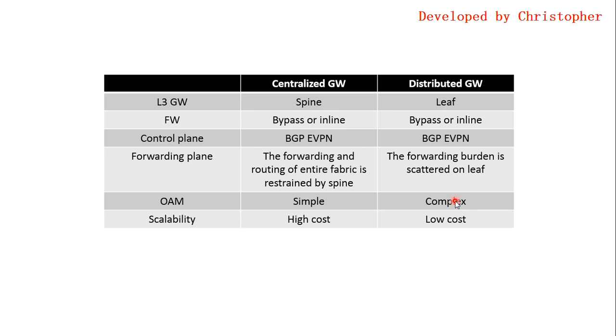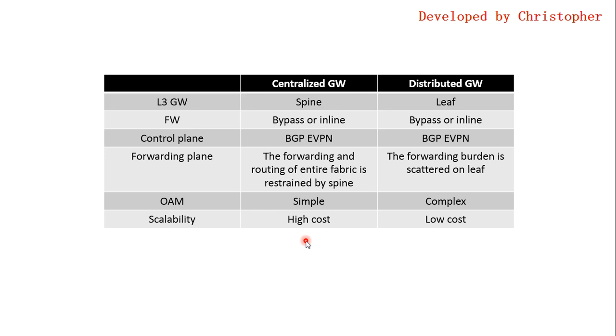For the scalability, as you can see, the centralized gateway solution is very, very high cost, because if you want to expand it, you will add another pair of spine. For the distributed gateway, it's relatively low cost.